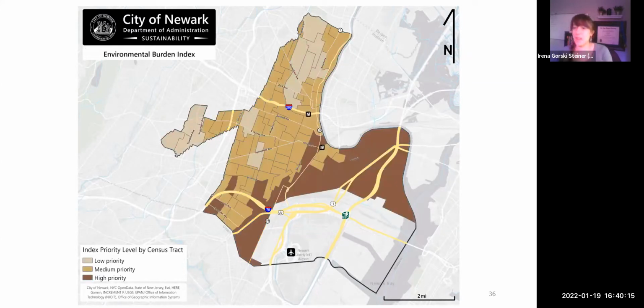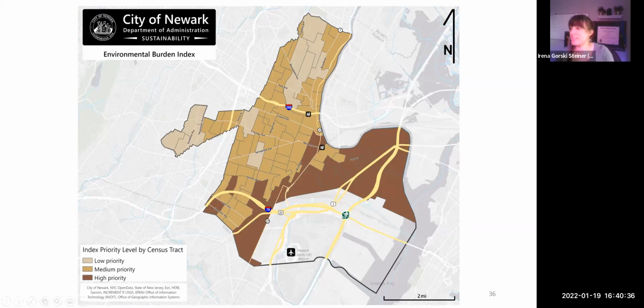Now looking at the environmental burden index, remember this is based on air pollution data, Superfund sites. This is how environmental burdens are distributed in Newark if we weight them all equally and rank them.